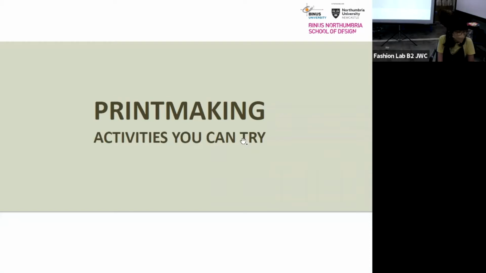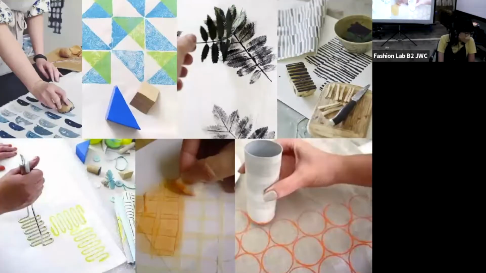So this is the printmaking activities you can try. You can carve the veggies, the potato or fruit or anything. Just make some simple shapes like half moon or a circle or maybe triangular or any kind of shape.